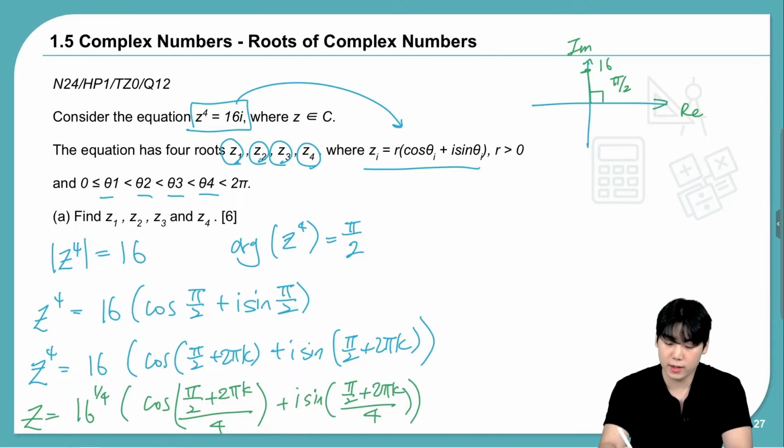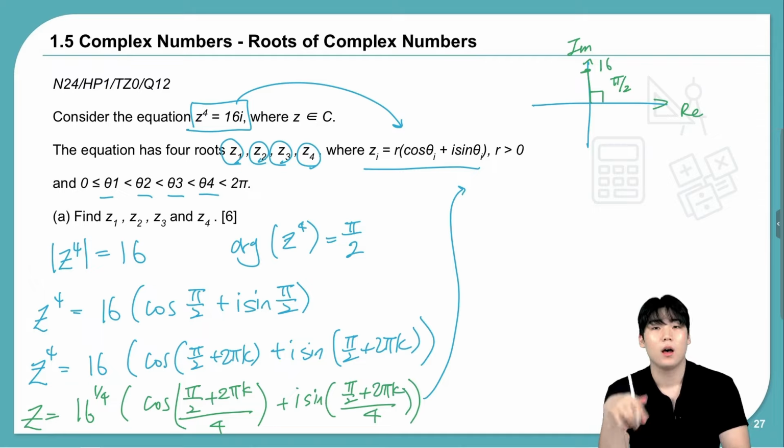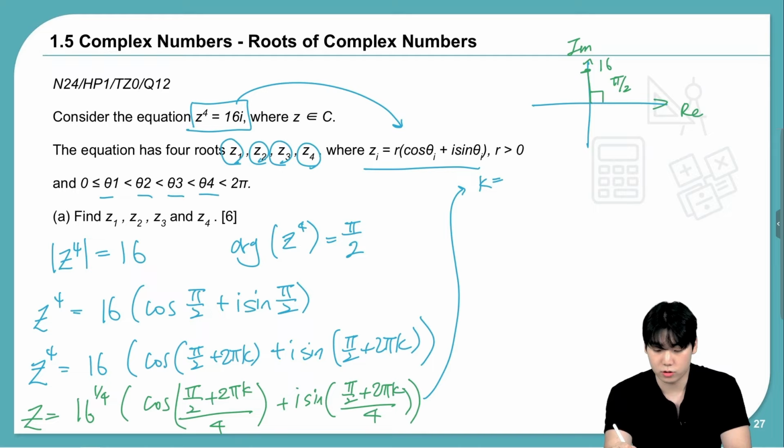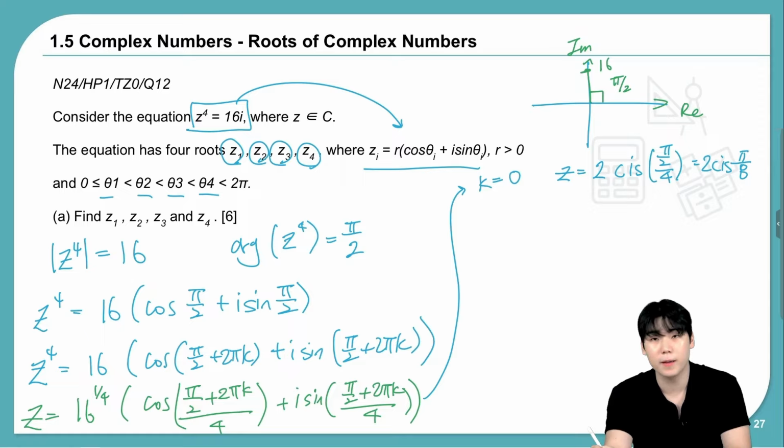Now I have to sub in the values of k. Let's start with k equal to 0. When k is equal to 0, z is 2 cis, and I'm just going to use cis for short form, 2 cis of pi over 2 over 4, so that is 2 cis pi over 8, right?